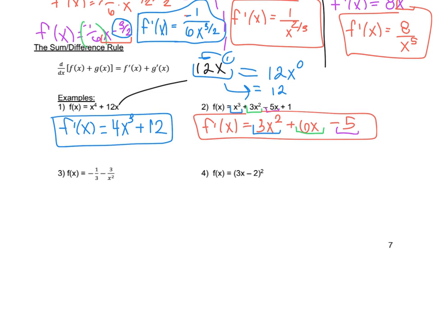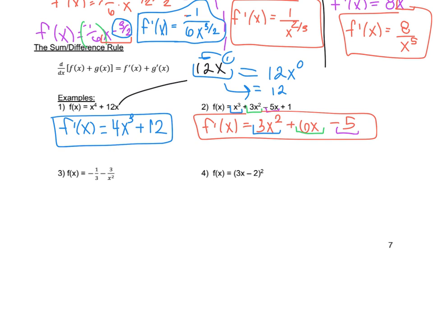So jumping to number 3, I've got the function negative 1/3. Notice there's no x term right here, so that is technically a constant. So the derivative of negative 1/3 is just 0, minus 3 over x squared.